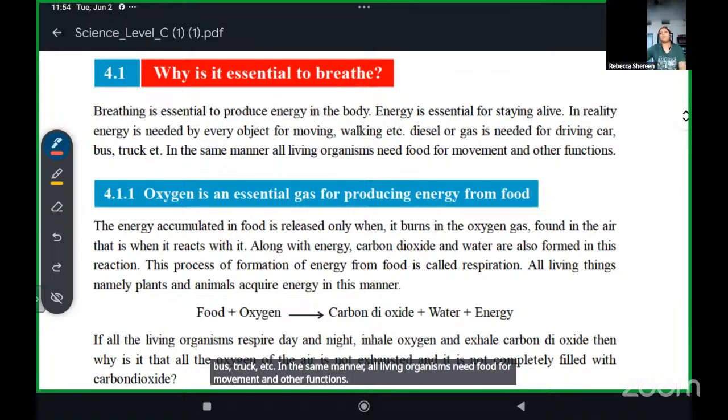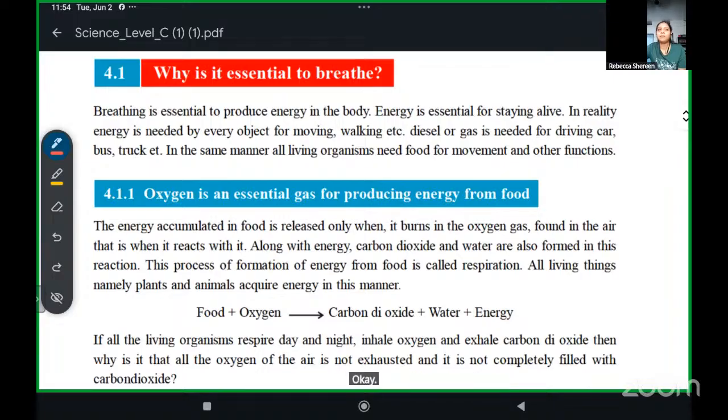Now, if you take a look at the electronics, the fan, the light, they get energy in the form of electricity. Then the buses, the cars, the vehicles, they get energy in the form of fuel, that is diesel and petrol.